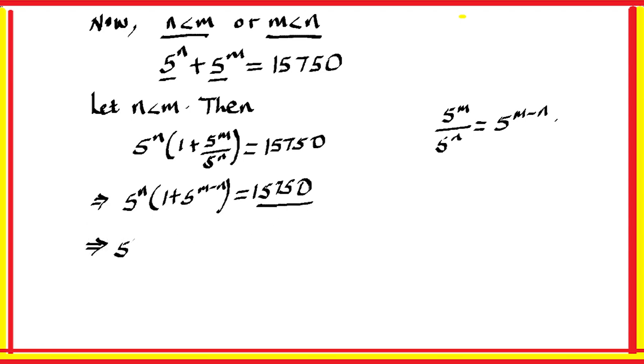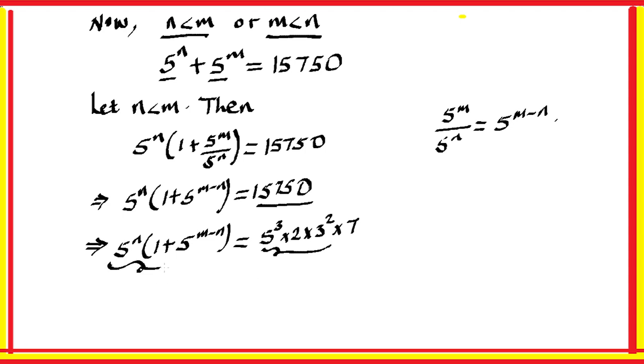Okay. Now, first we need to confirm that the expression 1 plus 5 raised to m minus n is not divisible by 5. We take the prime factorization of the number 15,750 as we saw before. On the right side we have the prime factors 5, 2, 3 and 7. What about the left side?